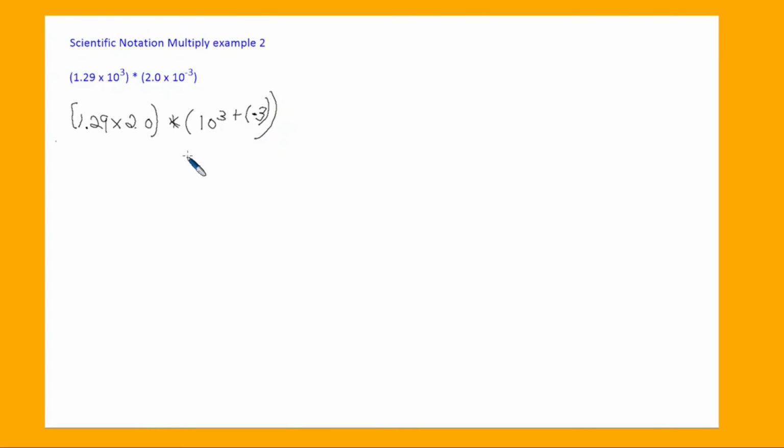All right. So if we have plus basically times a minus, that's going to give us a minus. So we have 10 to the 3 minus 3, which gives us 10 to the 0.